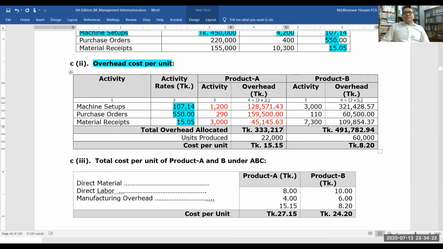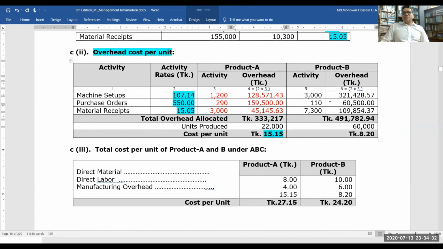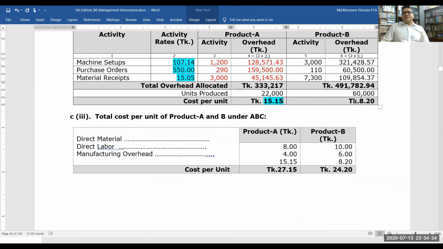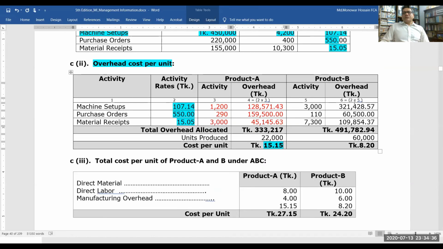And if we divide by the number of units, 22,000, we get cost per unit of 15 taka 15 paisa. And in the same way, we can calculate the overhead cost per unit as 8 taka 20 for product B.